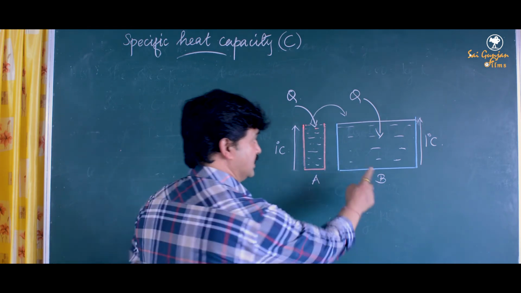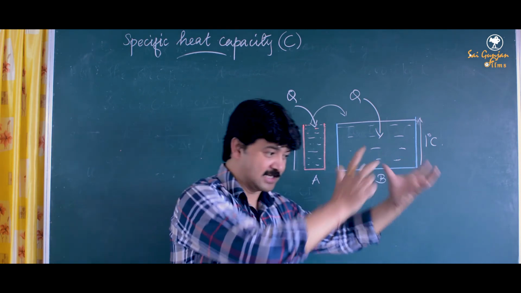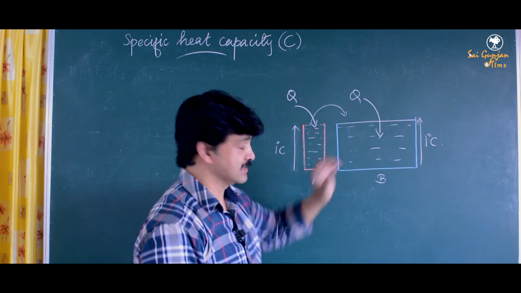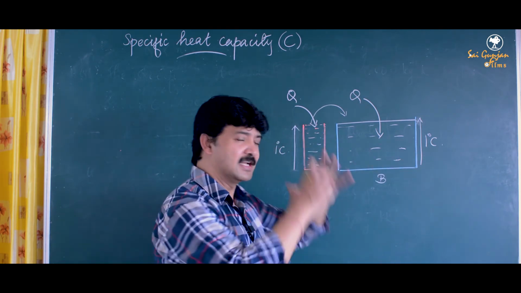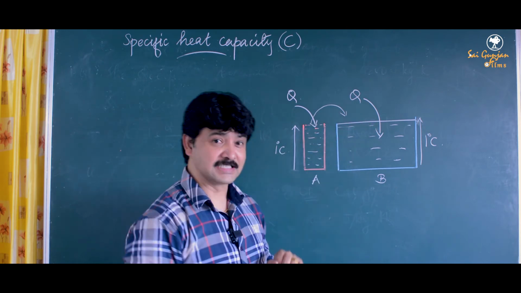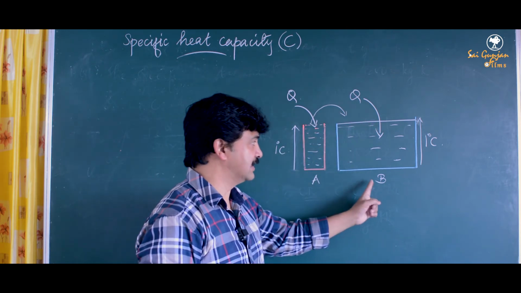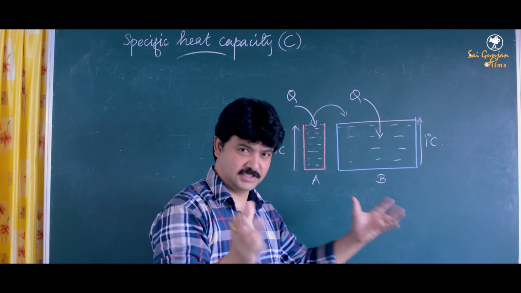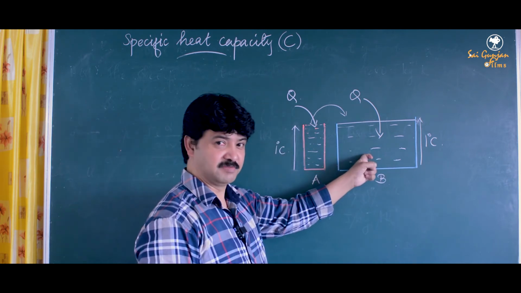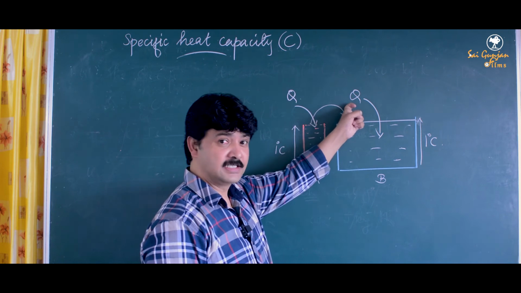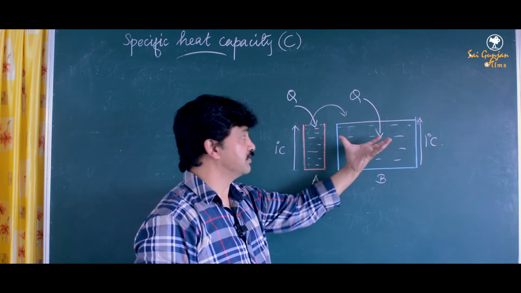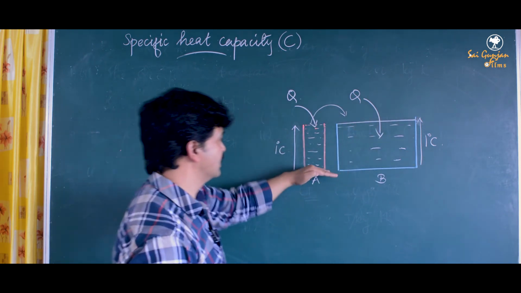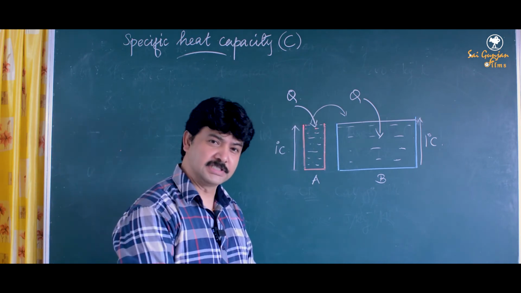This vessel has got larger capacity, that's why it requires a large amount of liquid to fill it, isn't it? Similarly, if we take this as a substance of greater specific heat, greater specific heat means it requires a greater amount of heat for the same rise in temperature.